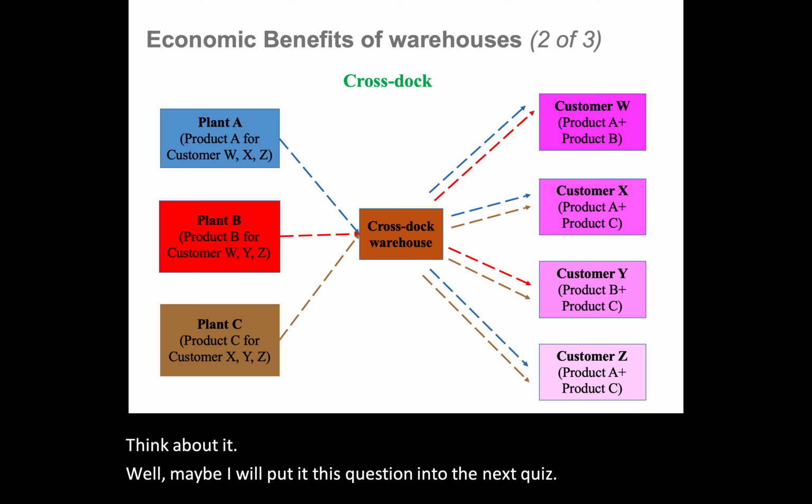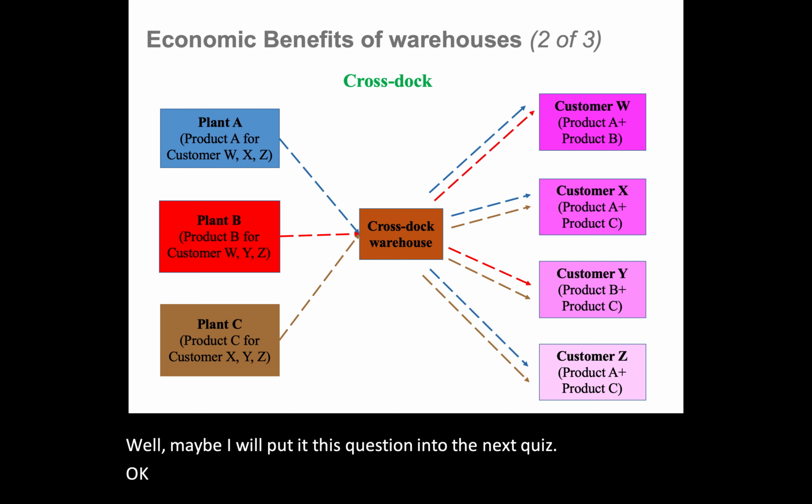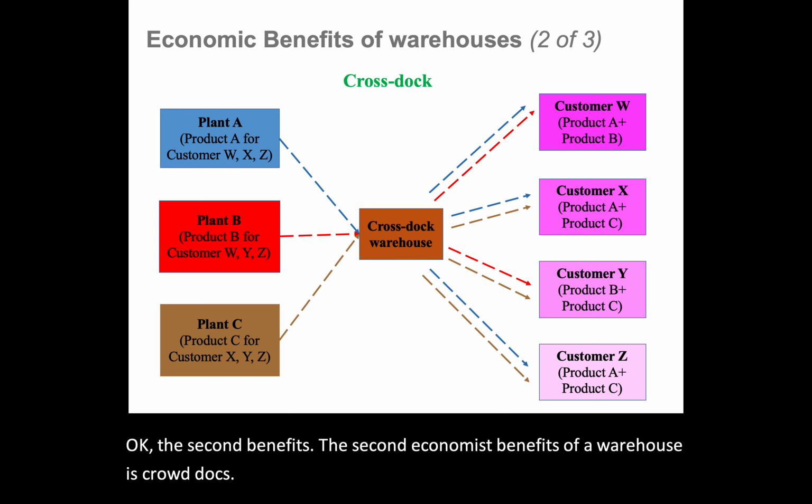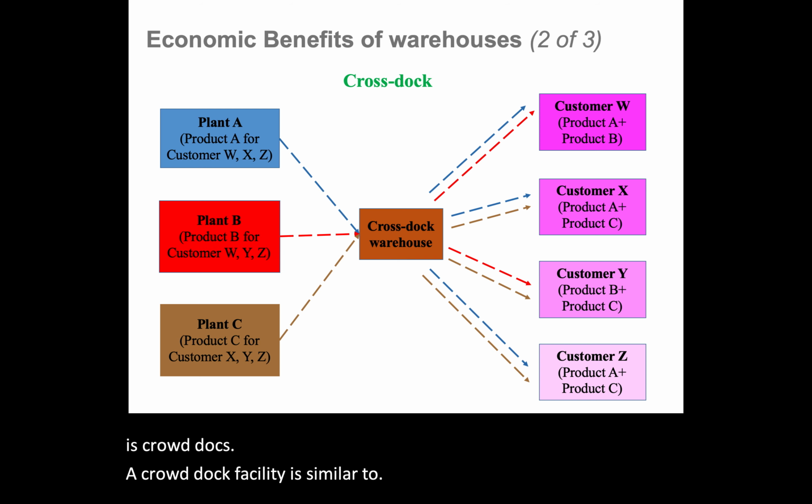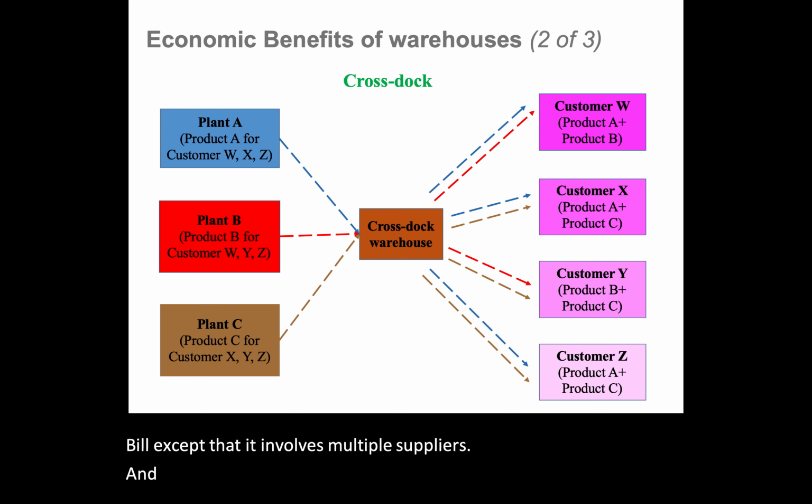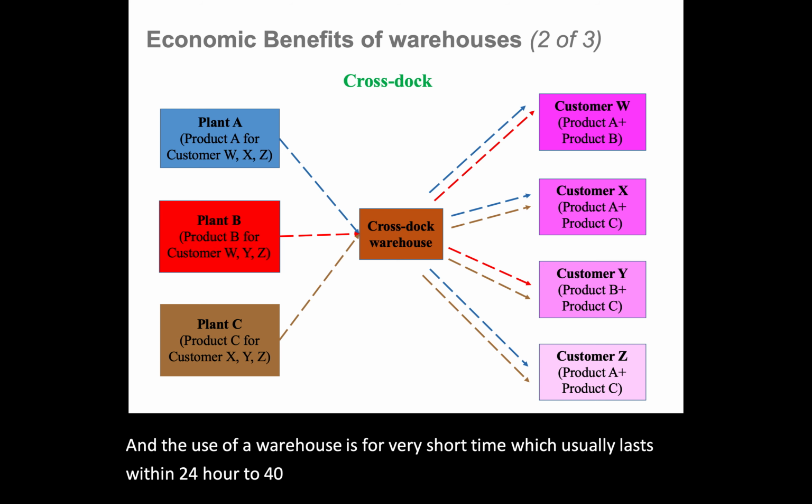Okay, the second economic benefit of a warehouse is cross dock. A cross dock facility is similar to break bulk, except that it involves multiple suppliers, and the use of a warehouse is for a very short time, which usually lasts within 24 to 48 hours.